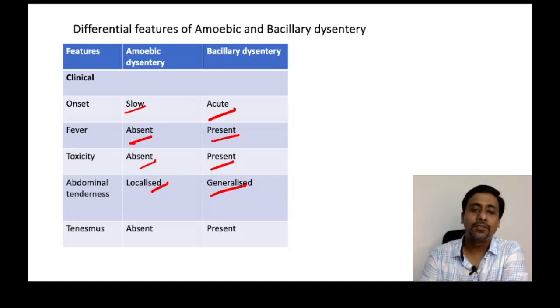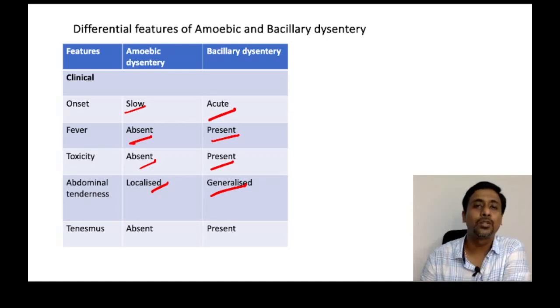But then within a few days it passes from the small intestine and reaches the large intestine, and then again the pain starts, but now the pain shifts to the lower abdominal quadrant. So that's why the pain is more generalized in bacillary dysentery, whereas due to the normal intervening membrane and the ulcers being very discrete and located to a certain region, the abdominal tenderness is localized.